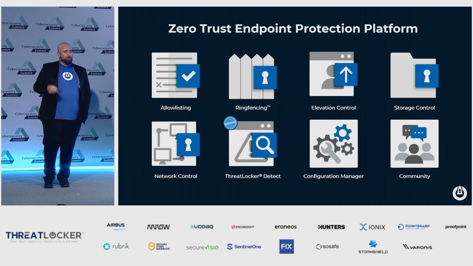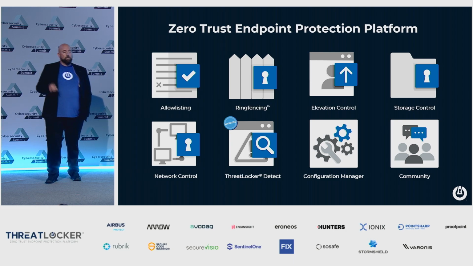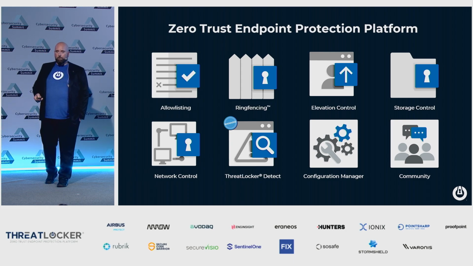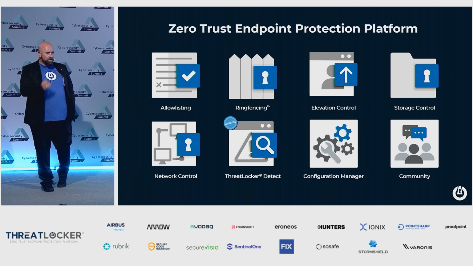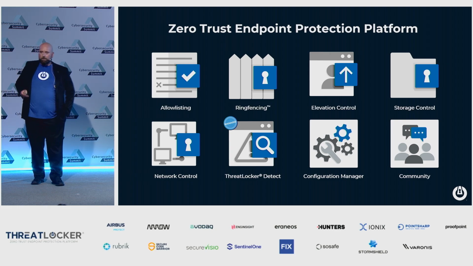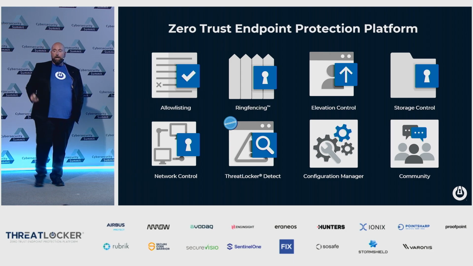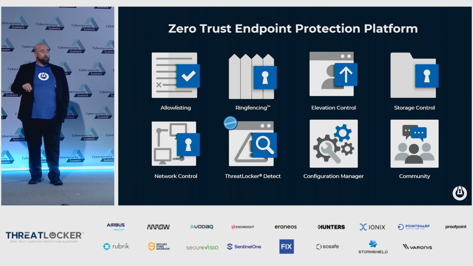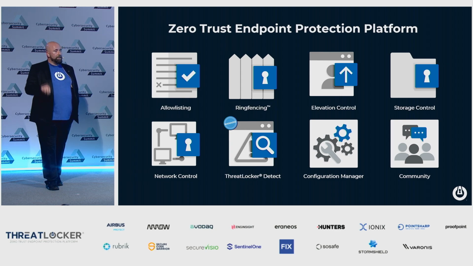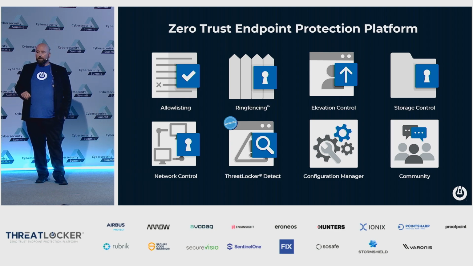But storage control, again, we take that principle of deny by default, permit by exception, and we control which programs have access to what data, which individual applications need to access data. So a great example is something like a backup repository. We all know backups are important, but backups are the first thing that they will go after if they get in. They need to get rid of the backup so you can't get back up and running again.